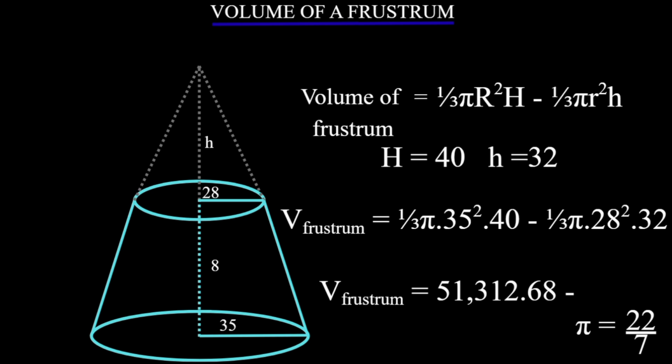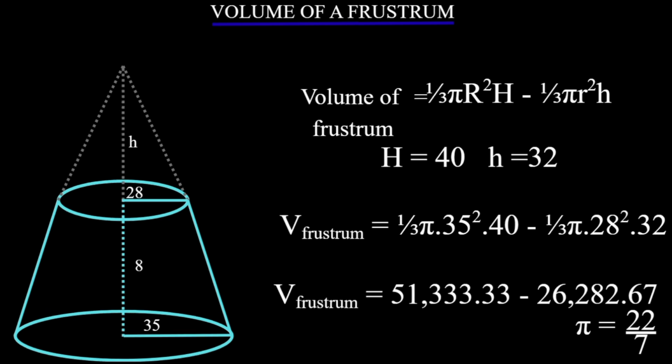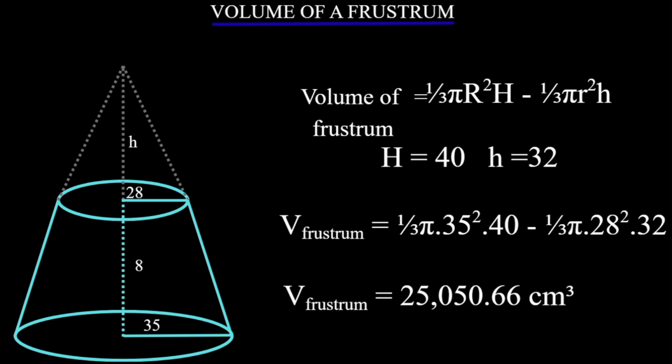Then for a third by pi by 28 squared by 32, our calculator gives us 26,282.67. Subtracting the two, we get the volume of this frustum as 25,050.66 cubic centimeters. And this is basically how we can get the volume of a frustum.